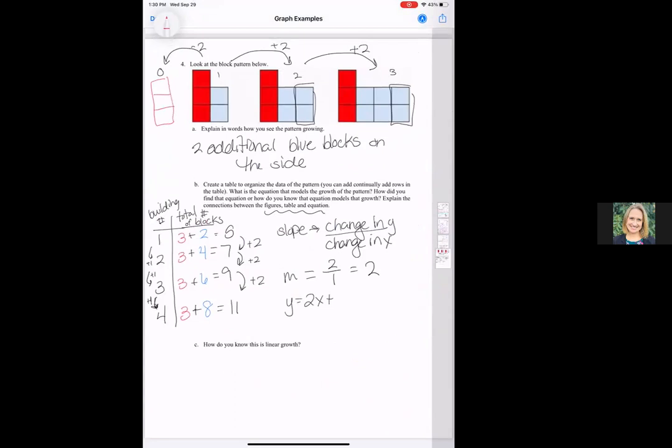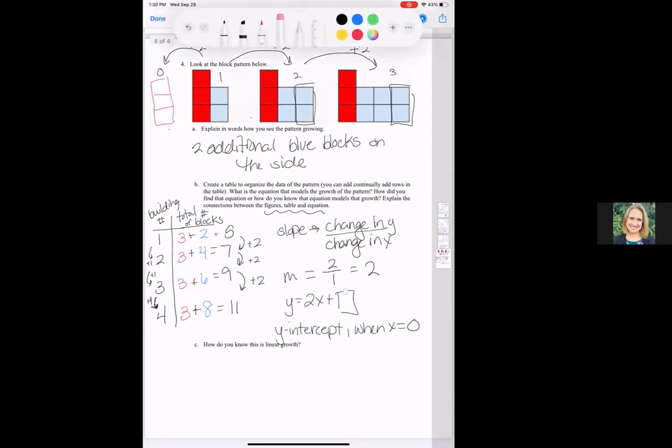We'd take away those blue ones, because we add them as we move to the right. And that's this idea of our B, our starting point, the y-intercept, which is when x equals 0.